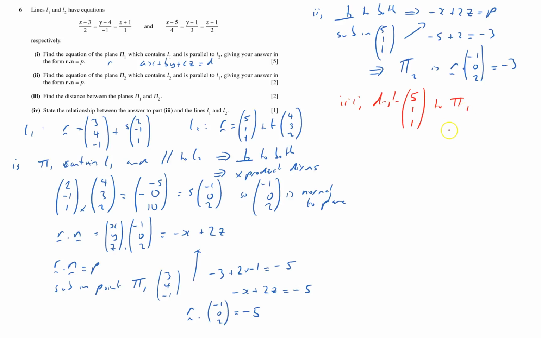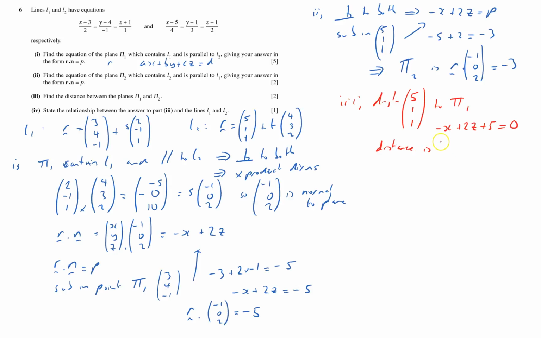The formula sheet doesn't have it as ax plus by plus cz equals d. It takes the d over to the other side. And so pi1 we're going to call -x plus 2z, and it was equals -5, so that'll be plus 5 equals 0.